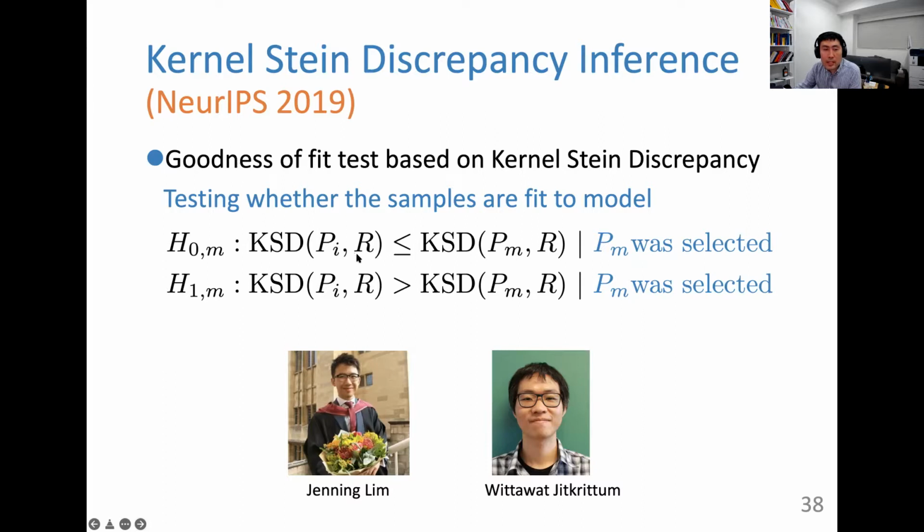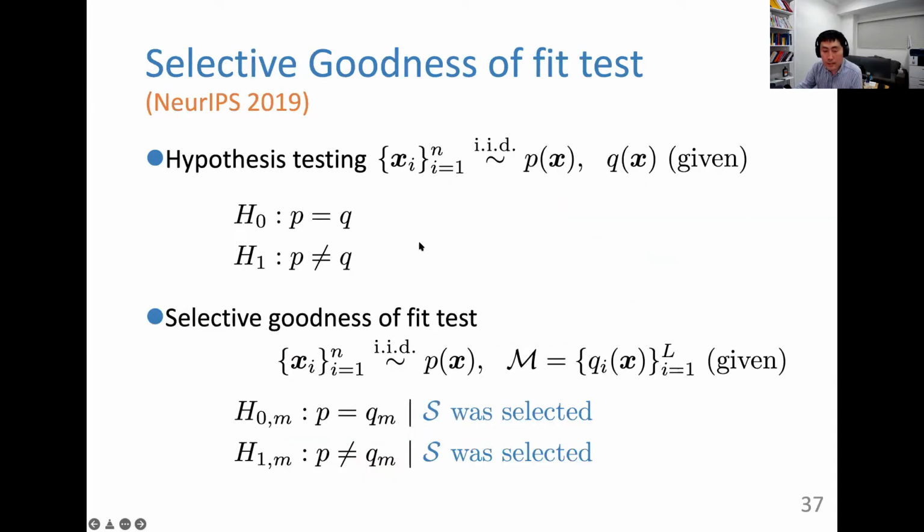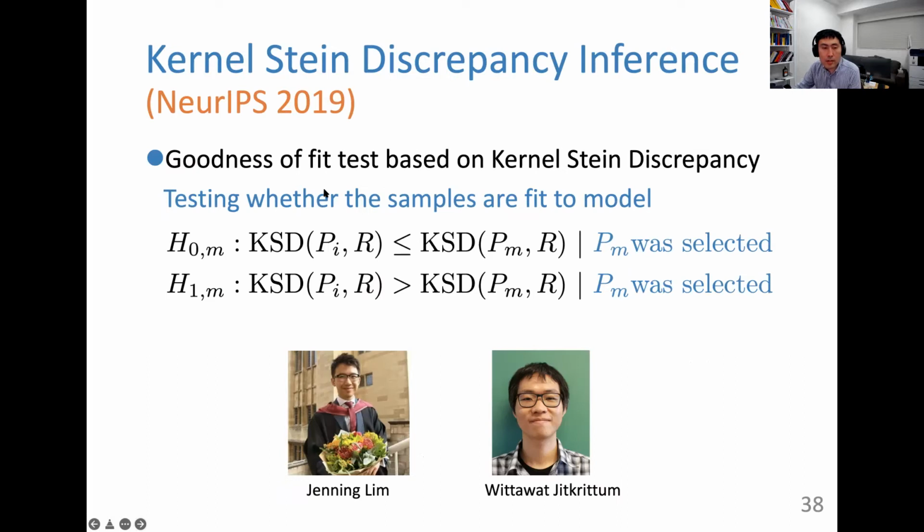If we cannot reject this null hypothesis, it means maybe this model is as good as the best model, but of course we don't know yet. But if we reject it, this model is not as good as the best model. So if the model is not rejected that much, then we can consider the model is good.